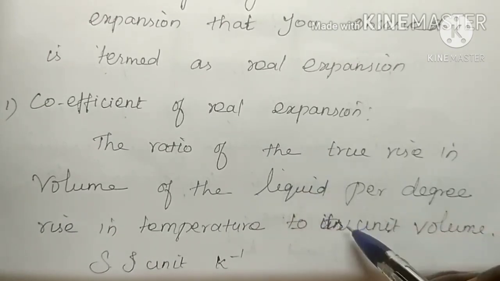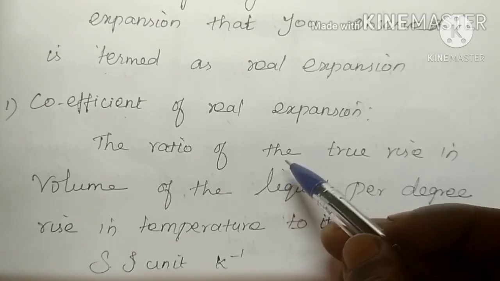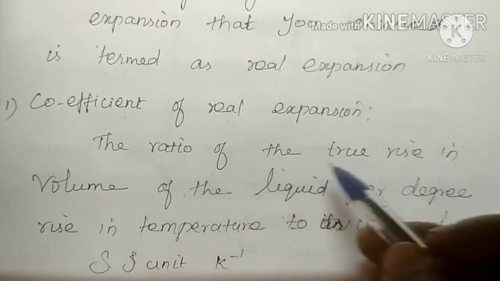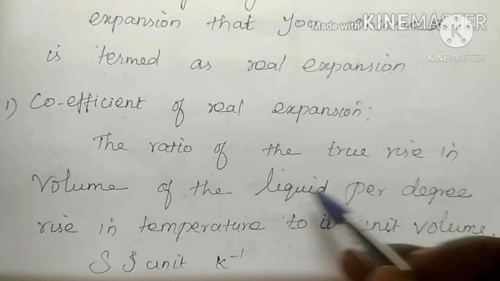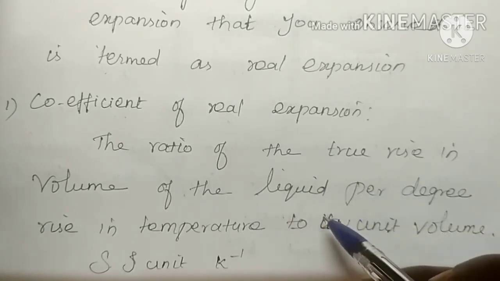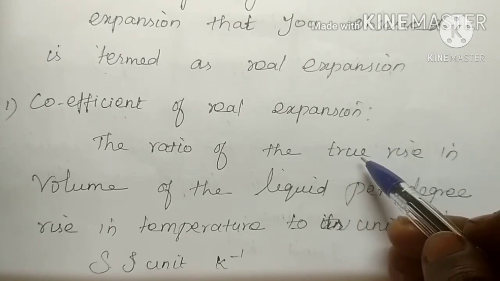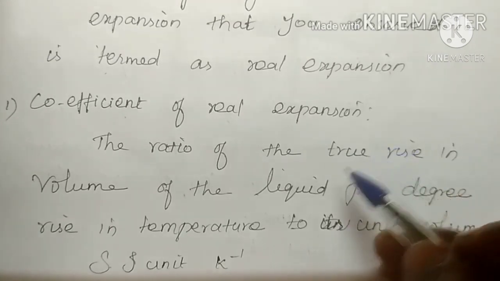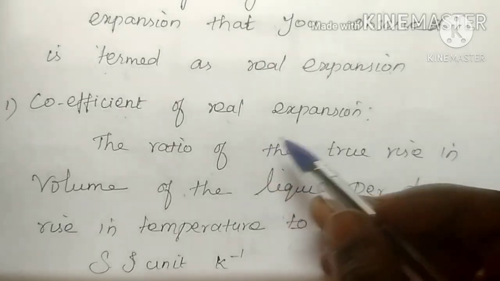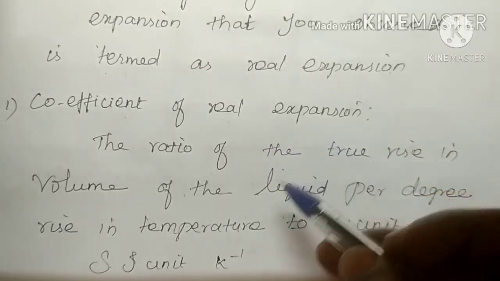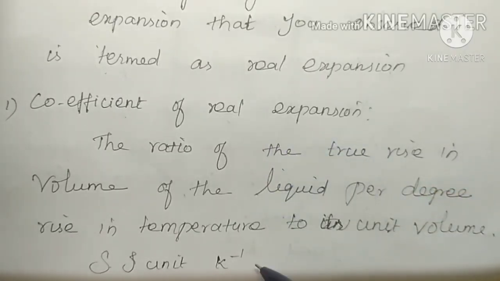Per unit volume, how much is this volume increased? For every 1 degree rise in temperature, how much does the volume of the liquid increase? That is called the coefficient of real expansion, and its unit is Kelvin power minus 1.